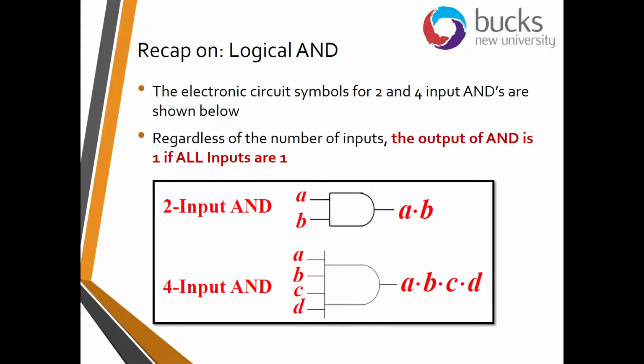Regardless of the number of inputs, the output of AND is 1 if all the inputs are 1. In the algebraic expression we have the dot: A dot B is the way we would express the AND logic gate in algebraic form.